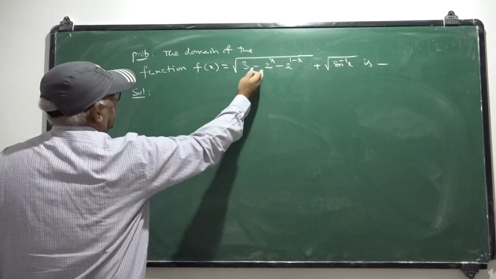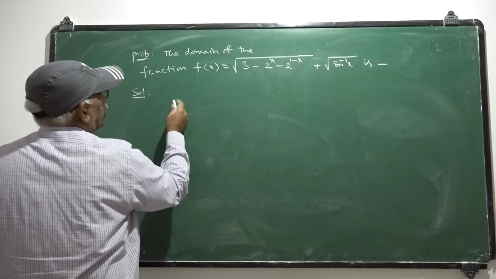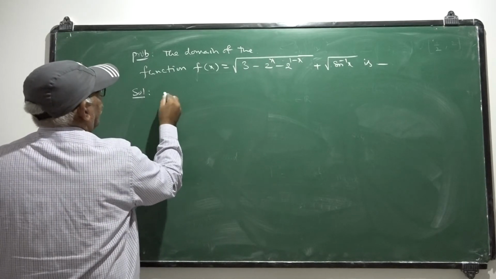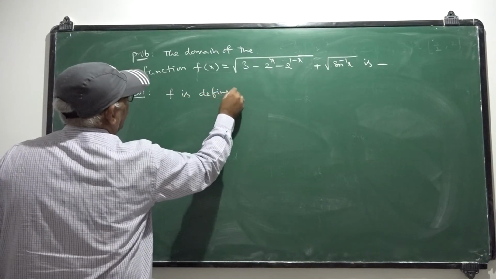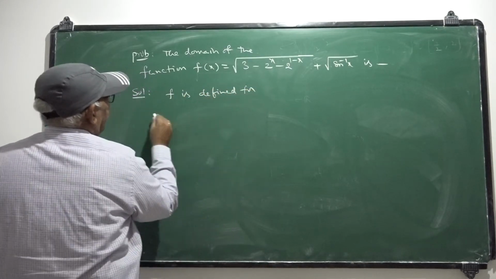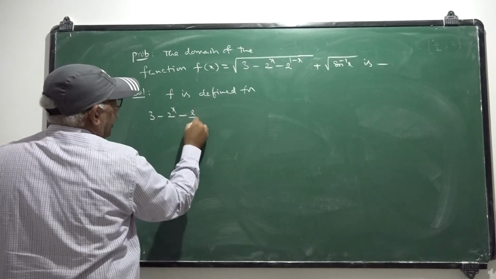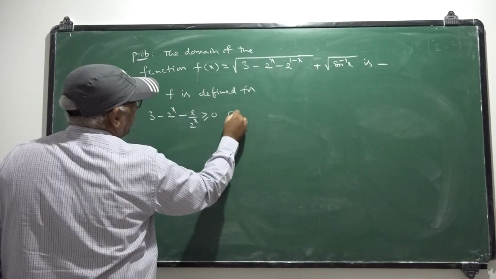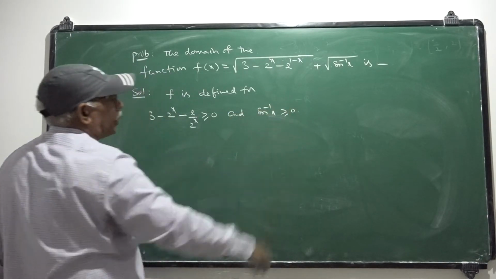Hence the functions inside the roots must be non-negative. So f is defined for 3 minus 2 power x minus 2 by 2 power x greater than or equal to 0, and also sine inverse x greater than or equal to 0.